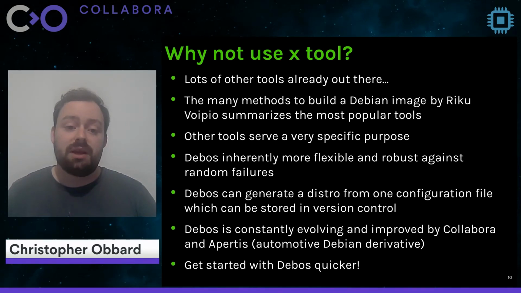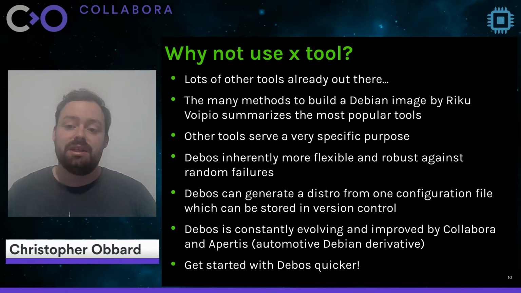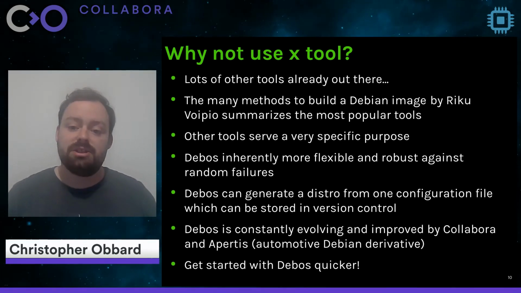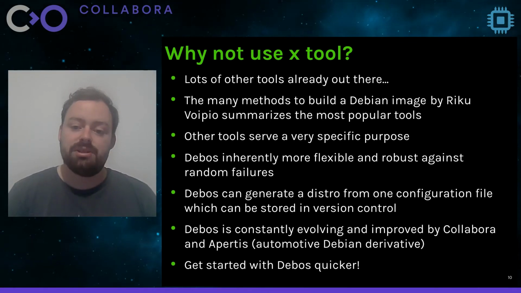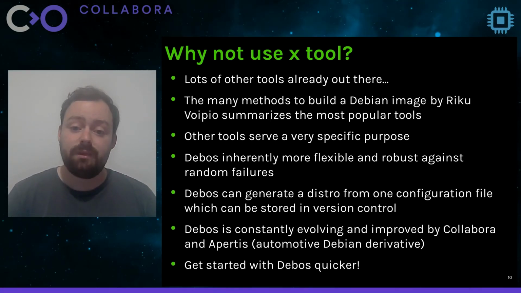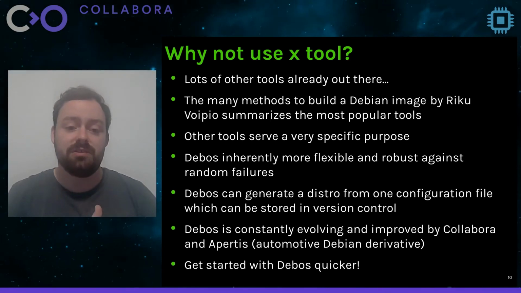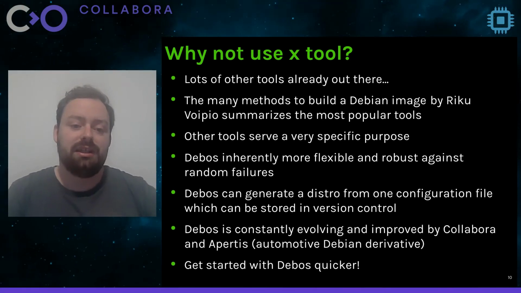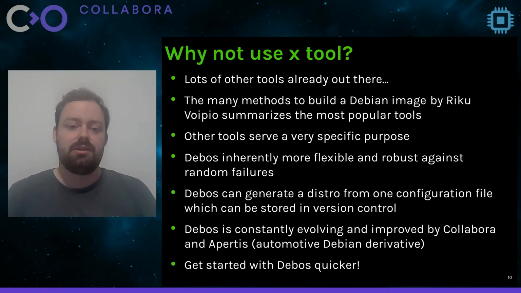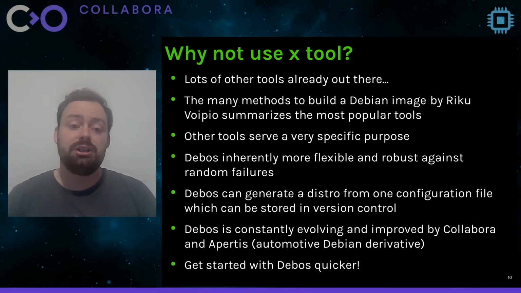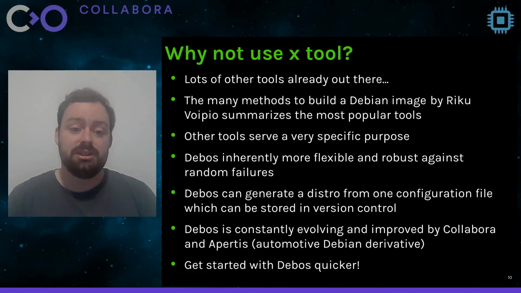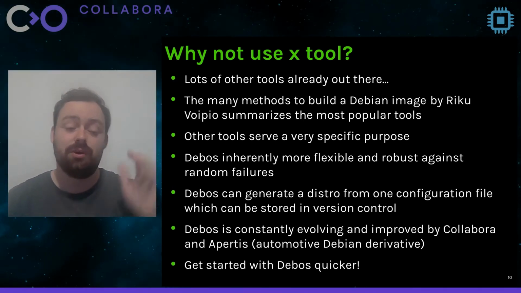There are lots of tools out there already that follow this kind of routine. There's a presentation called The Many Methods to Build a Debian Image by Riku, which summarizes the most popular tools. Usually these other tools serve a very specific purpose. Originally, when I first started looking at Debian systems, I was looking at a tool called Spindle, which created Raspberry Pi images, but the images were very specific just for Raspberry Pi.